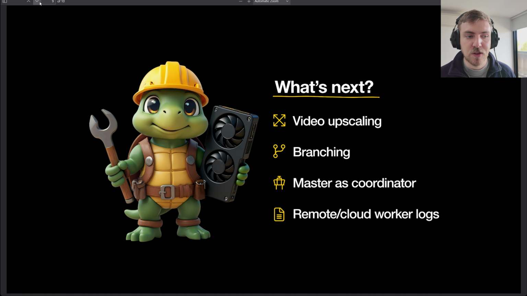The next thing is branching. Branching is an idea from one of the users of Distributed, and it's basically where one workflow can be split into different branches. One GPU takes care of one part of the branch, the second does something else, and the third does something else, but then they converge together later in the workflow to create one output.